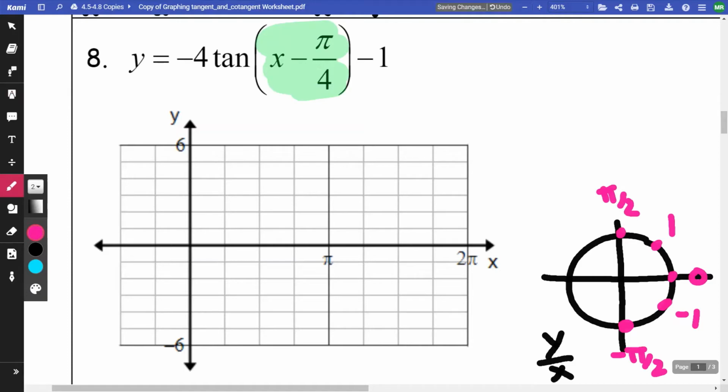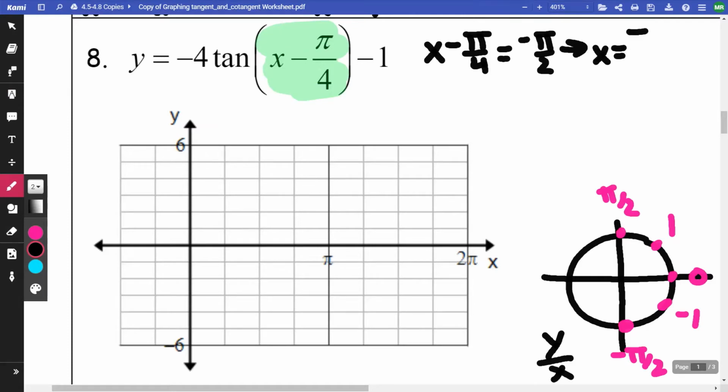So what I'm going to do is take my x minus pi/4 and set it equal to -pi/2. So I am going to get x is equal to pi/4 minus pi/2.